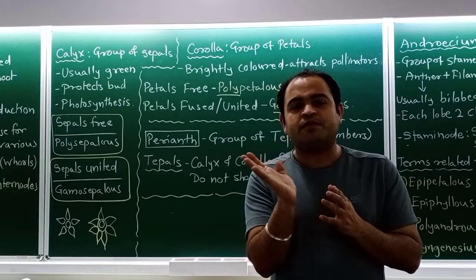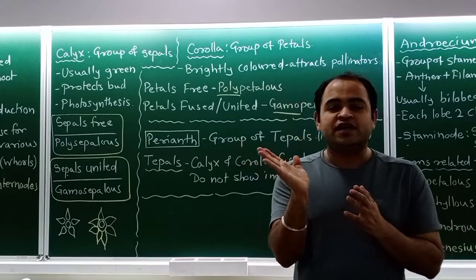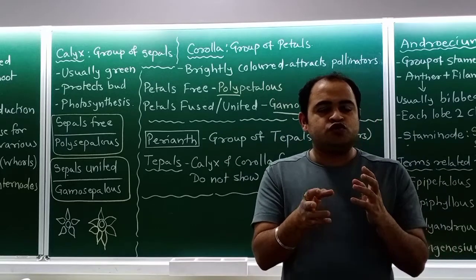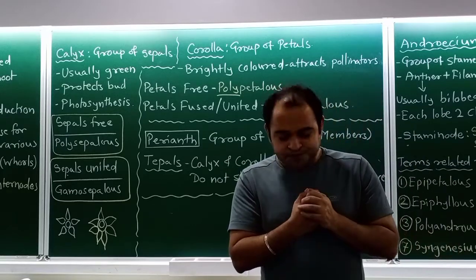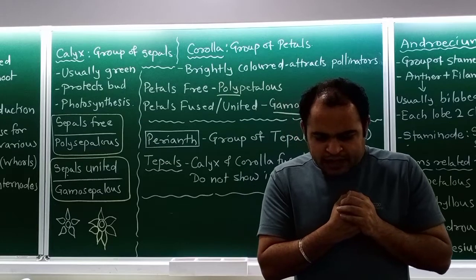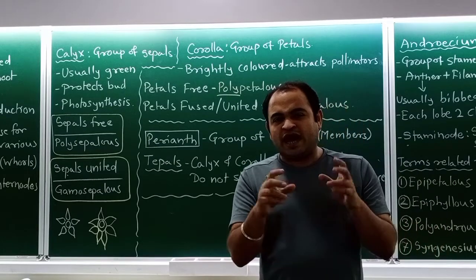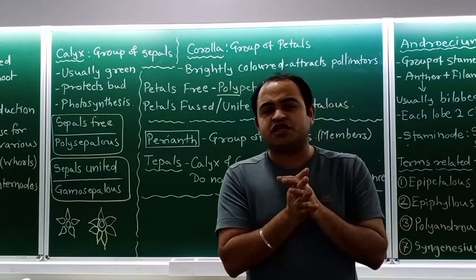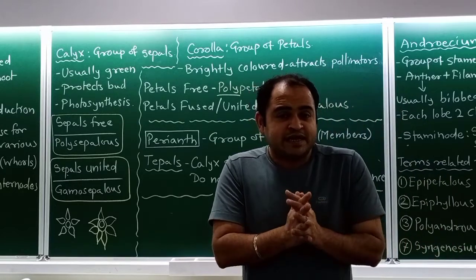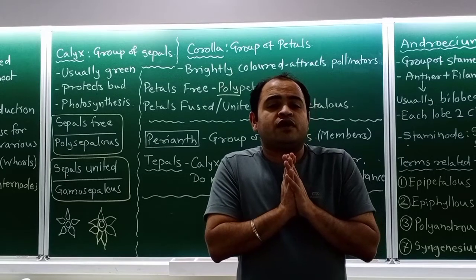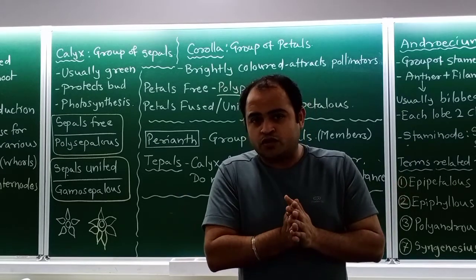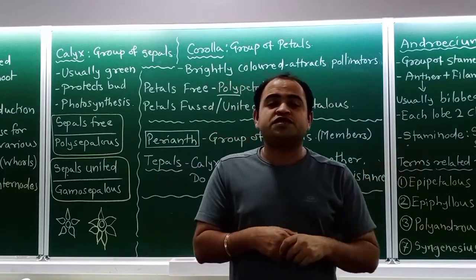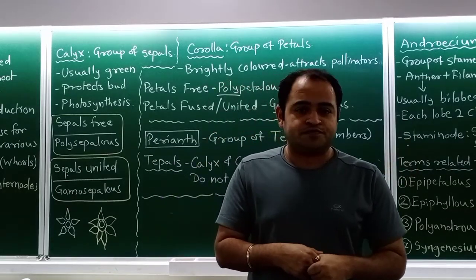Bract appears similar to a leaf, but it is brightly colored, yellow or whitish, and it is usually sensed by the insects. Okay, so they have hexagonal eyes, right? So this is how the arrangements are there in nature, and nature always takes care of its own. Okay, so I think after this we can switch to the next board, which is about essential floral whorls.